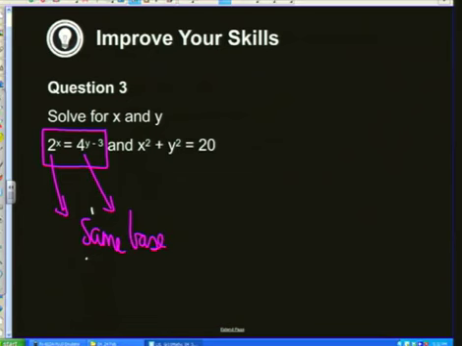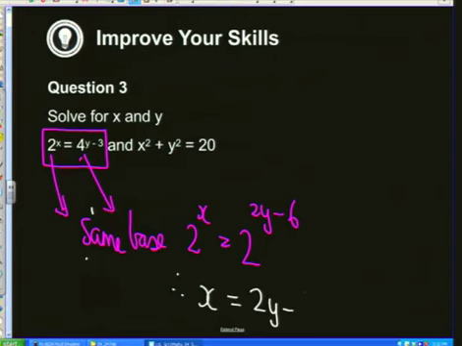We're going to rather look at the exponential and say, if we have 2 to the x, that's saying the same thing as 2 to the 2y minus 6. And because the bases are the same on either side of that equal sign, we therefore can equate just the exponents. x equals 2y minus 6.